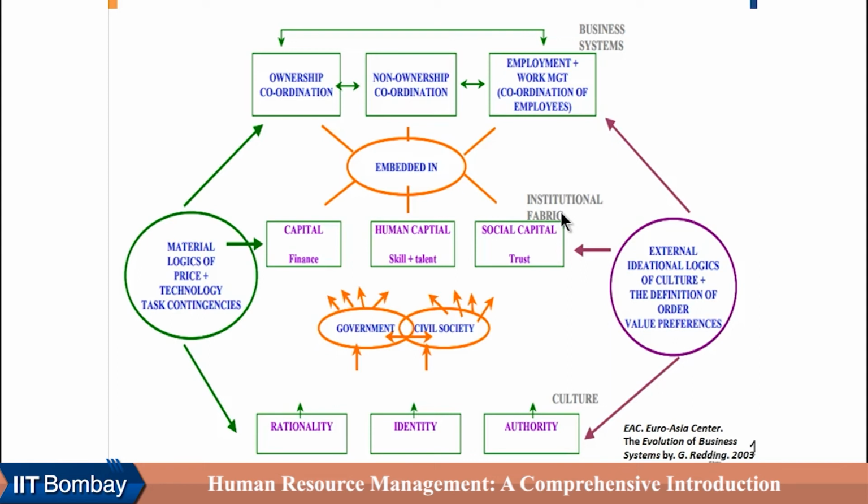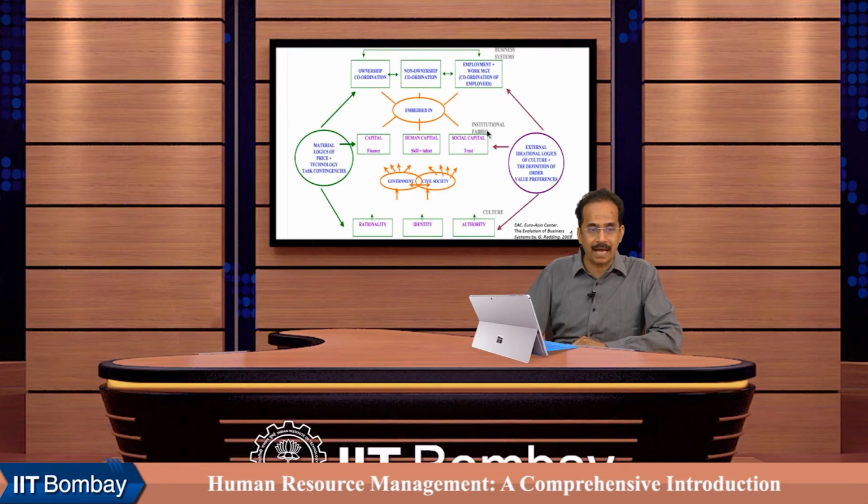These three sets of factors, or three layers, are connected by material logics about price, technology, task contingencies, etc. They are also affected by the ideational logic of culture, definition of order, value preference, and these aspects of society.